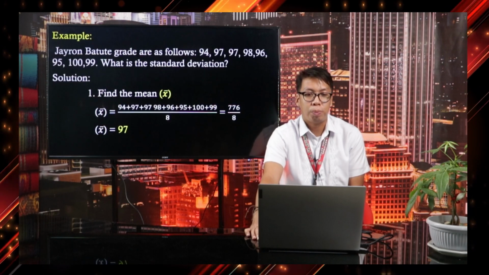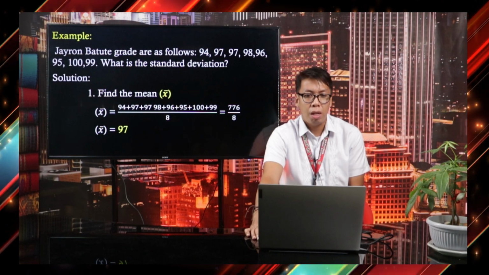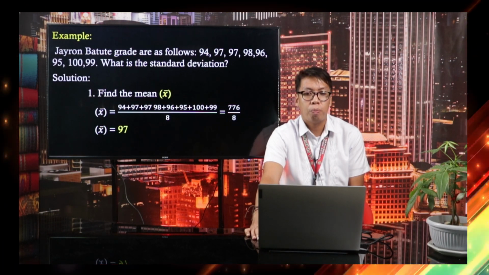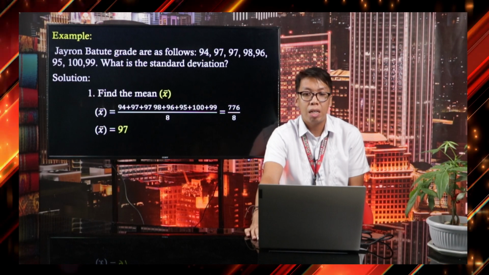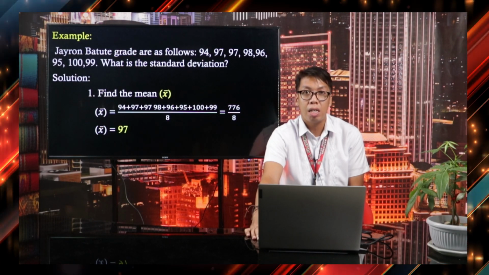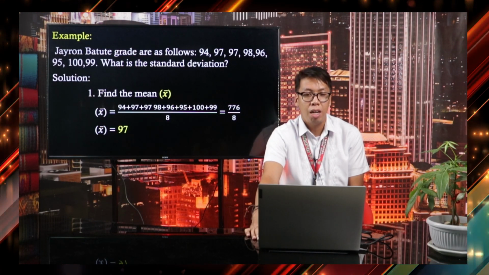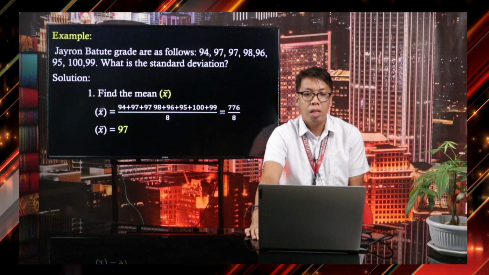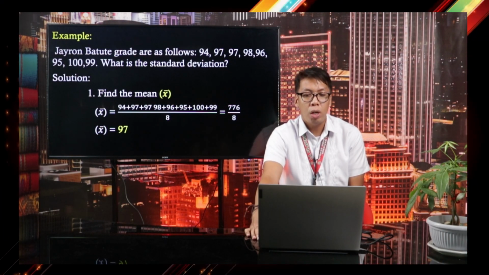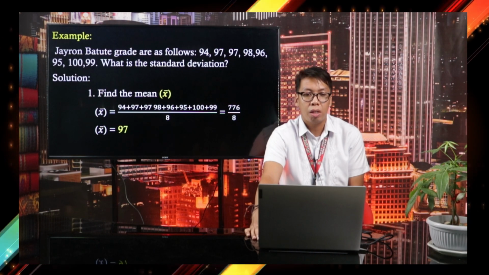For example, Jayon Batute's grades are as follows: 94, 97, 97, 98, 96, 95, 100, and 99. What is the standard deviation?